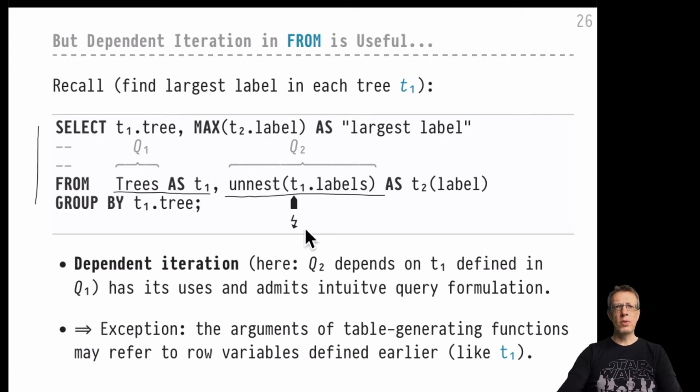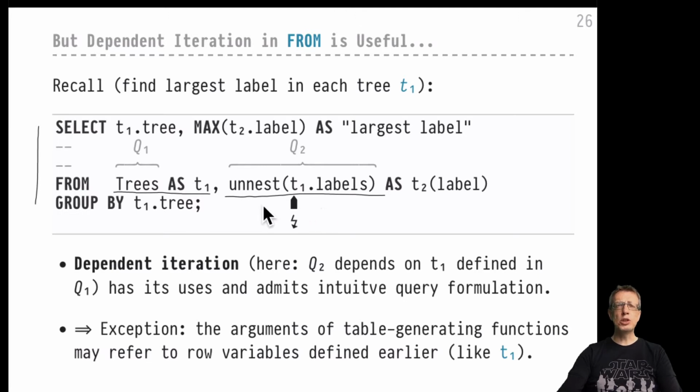And regarding the slide that we've just seen, T1 should not be in scope inside this second tabular query or tabular entry in the from clause, but it is. And the reason is that there is an exception in the visibility of row variables in SQL.